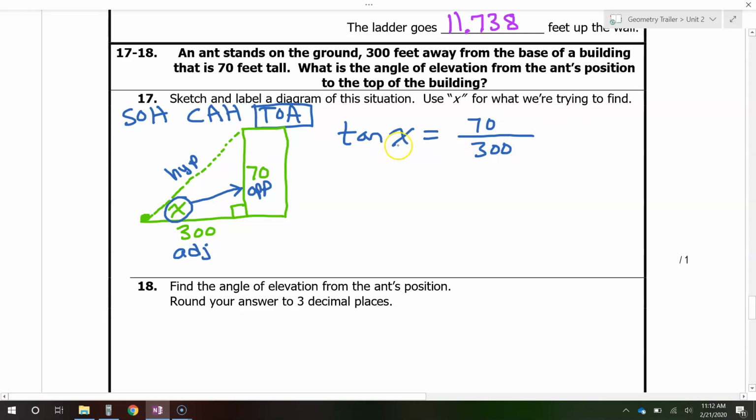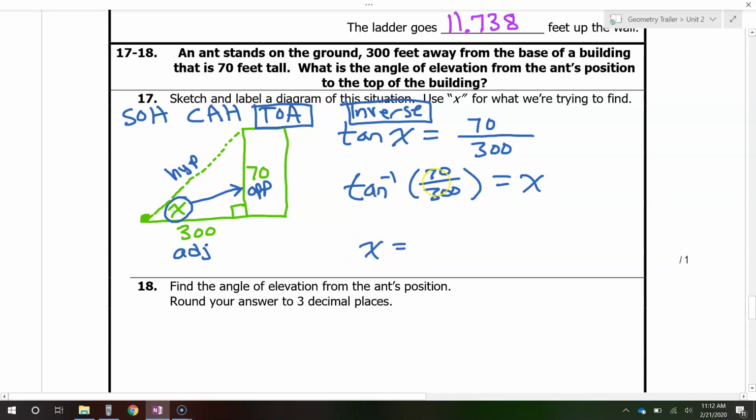When the variable is inside the trig function, this is when we inverse. So I will write inverse tangent of 70 over 300. And that should give me x.